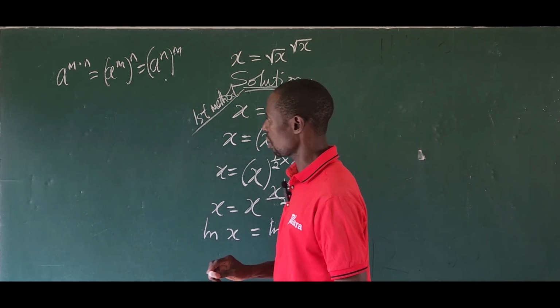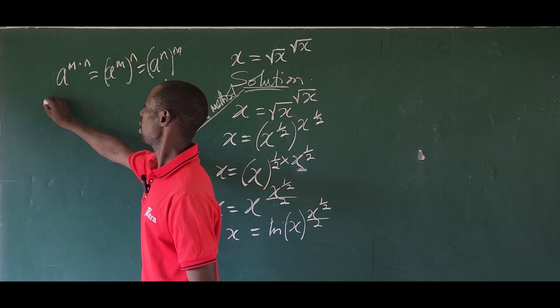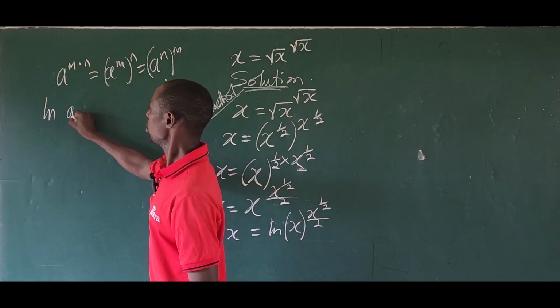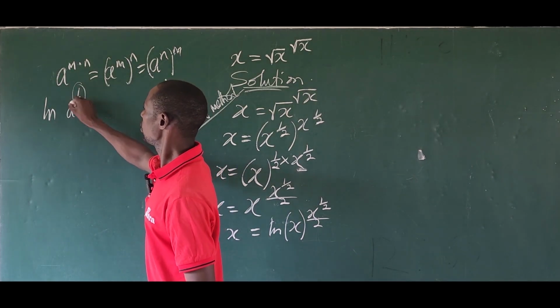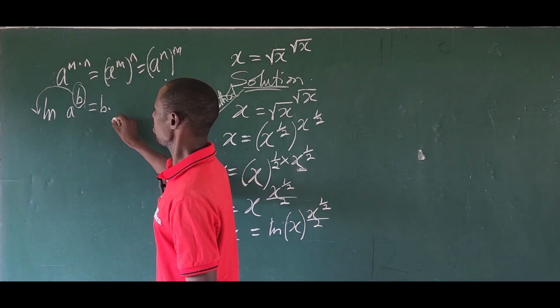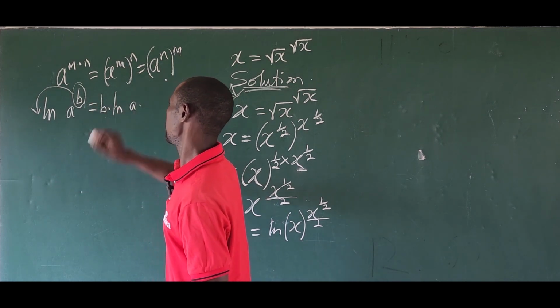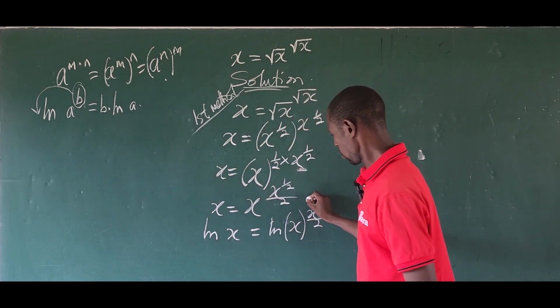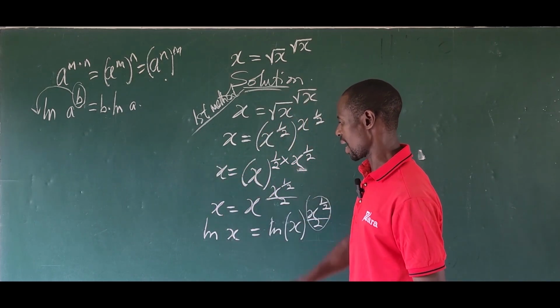According to the law of logarithm, when you have the ln of a to the power of b, move this b to the front. So this is going to give us b times the ln of a. So we want to move the whole of this power to the front.